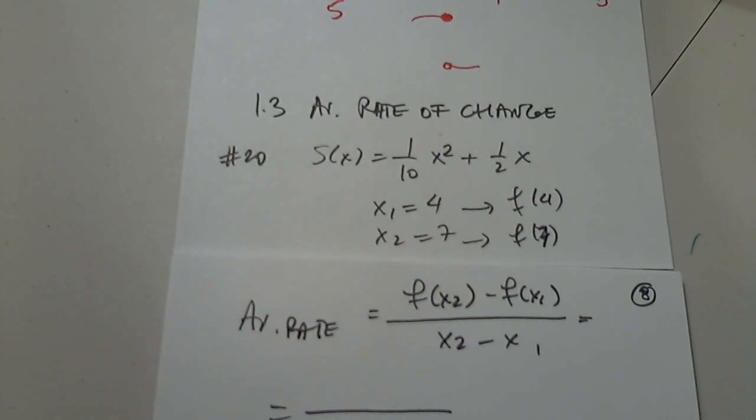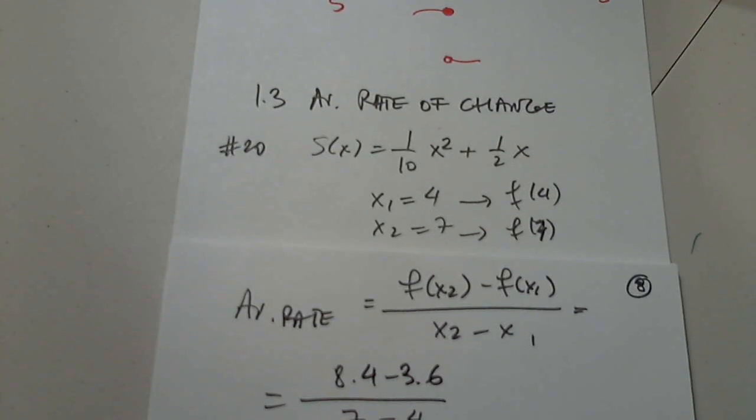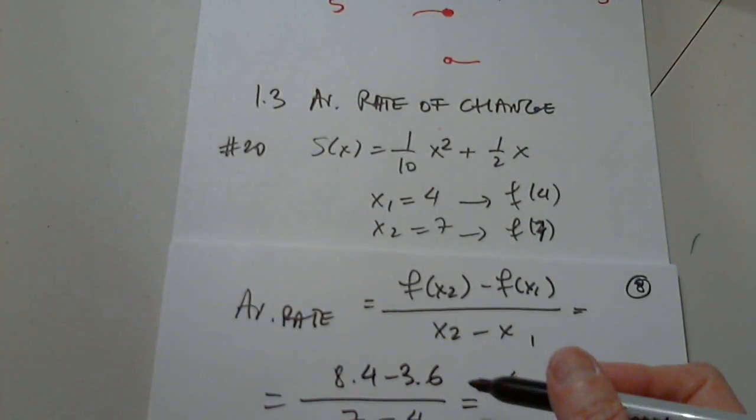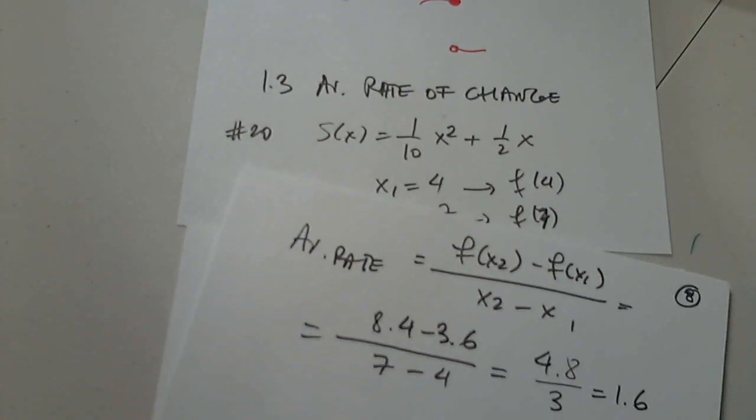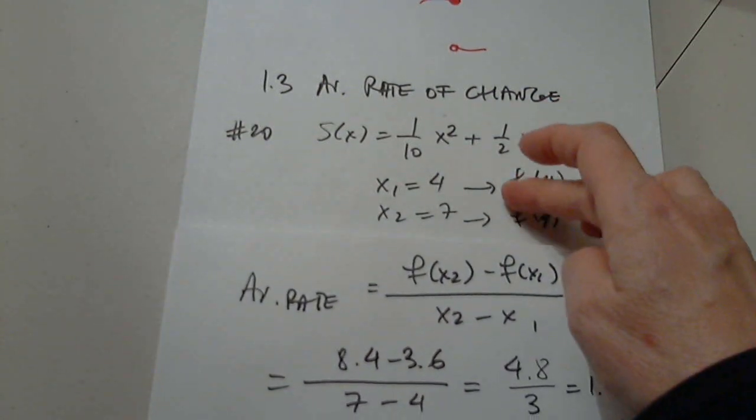So I get 3.6 and 8.4. So it's 8.4 minus 3.6 over 3. 4.8 divided by 3 is 1.6. Done. That is the average rate of change between these 2 points for the given function.